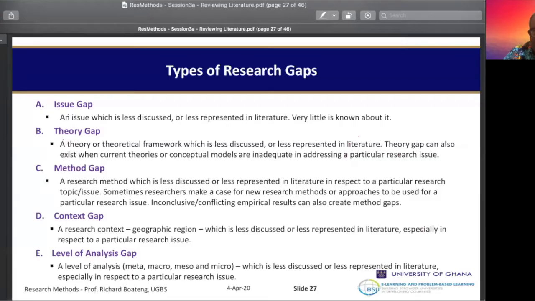For example, there's a theory called the theory of planned behavior, which can also be used to understand why people behave a particular way or adopt a particular technology. The theory of planned behavior has three factors. One is the attitude towards the behavior, such as adoption of the technology. Number two, the subjective norms in the society that can influence the person.